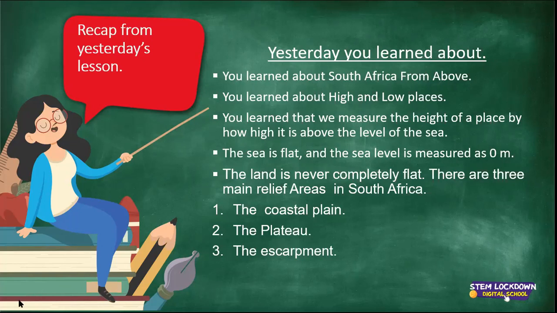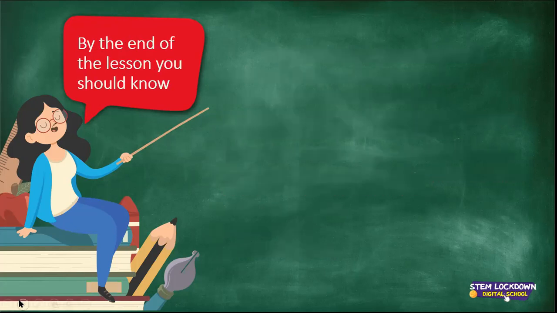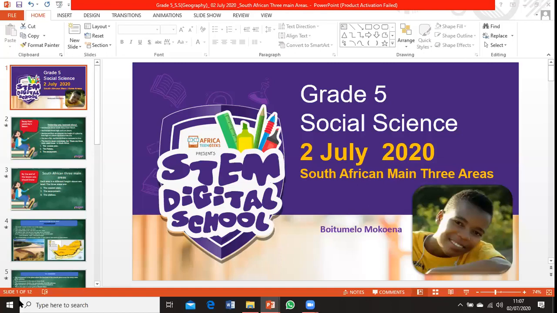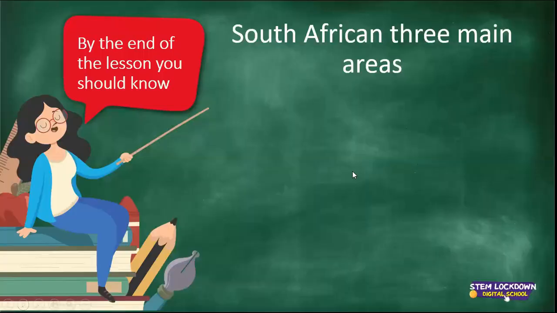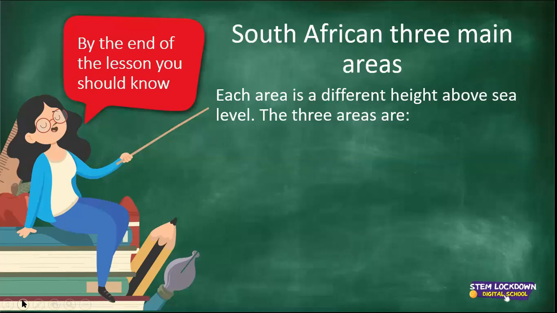By the end of the lesson, you should know more about the three main areas of South Africa. Each area has a different height above sea level.